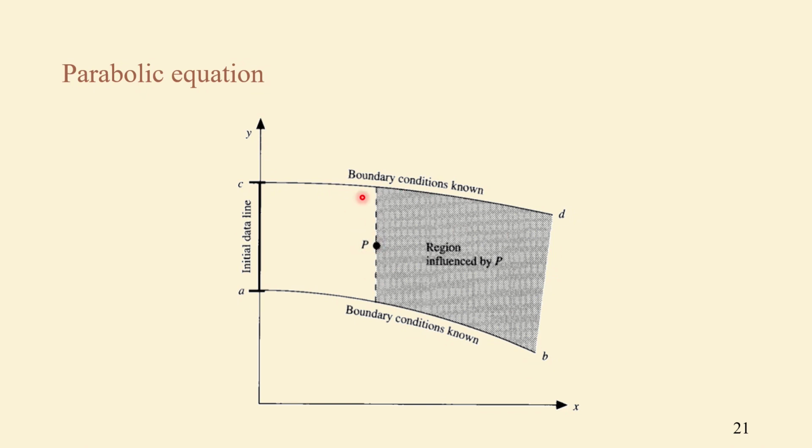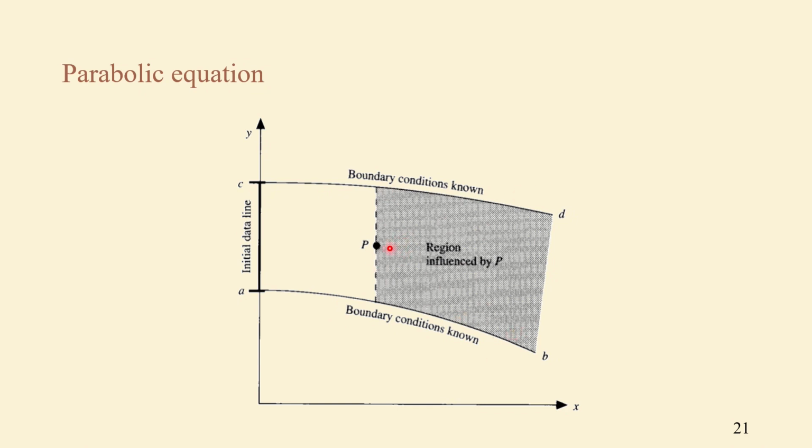Again, here it is a marching problem, because from this region we are marching in this particular direction and we know the value. So the region influenced by point P is this region, and for that we need to know the boundary conditions. If the boundary condition is known, we can get the disturbance that is felt at point P and in these particular zones.